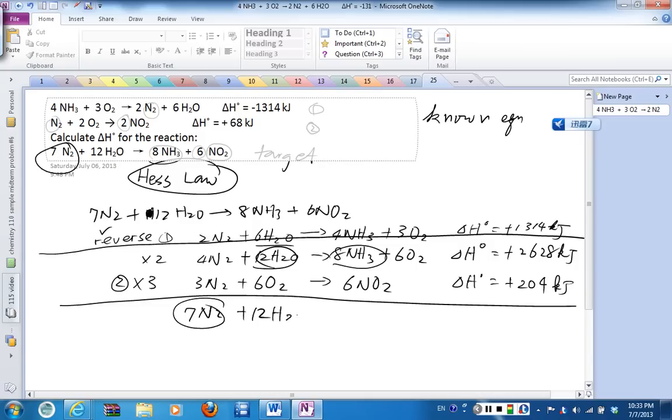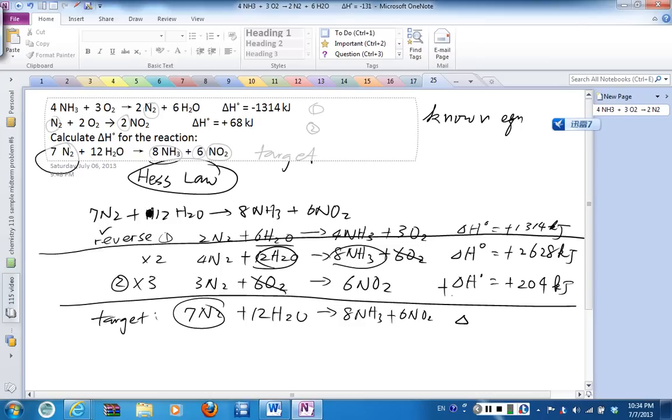Alright, that's what we want to see as well. 6 O2. We don't need that. Oh, on left, on right, we have 6 O2. They cancel each other. Perfect. Then 8 ammonia and 6 nitrogen dioxide. Wow. That's our target equation. Dead on.